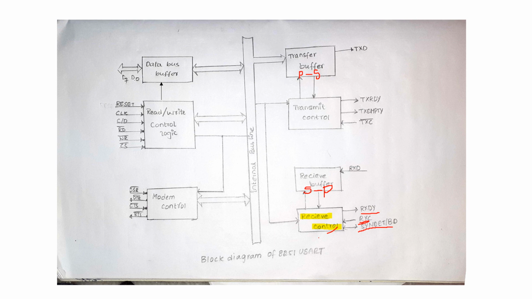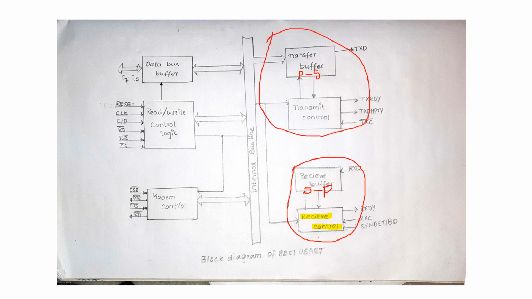And SYNDET or BD is used to synchronize and detect break detect, meaning whether the data is transmitted correctly or any data loss has occurred is known by this signal. The receiver buffer and receiver control are commonly called the receiver circuit.